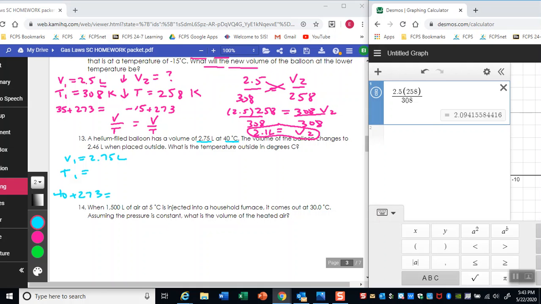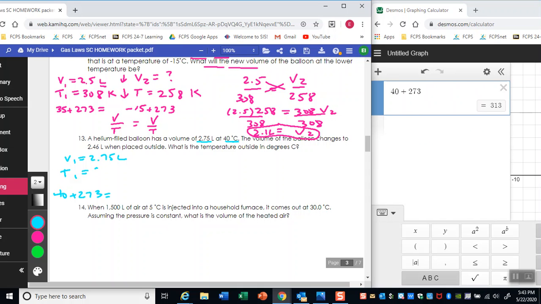So let's take 40 plus 273, and I get 313 kelvins. And now I've got a new volume, 246, so my new volume is going to be 2.46 liters. And the question is, what is the new temperature?